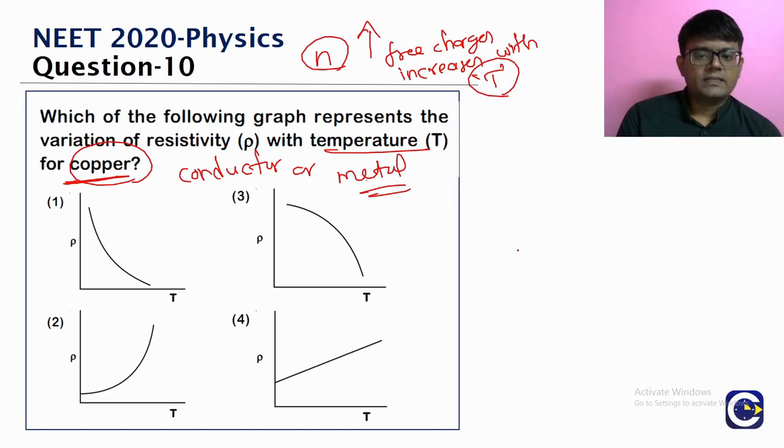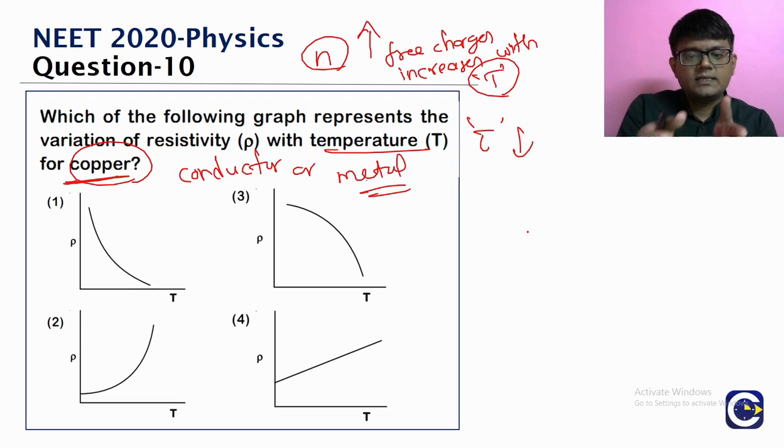So there are two factors that determine the resistivity: one is the number density and the second is the relaxation time. In metals like copper, the number density will not change with temperature, it will be almost constant. Only the relaxation time tau will be decreasing. Relaxation time means the time between successive collisions. If you increase temperature, the electrons start moving with more randomness and more speed.